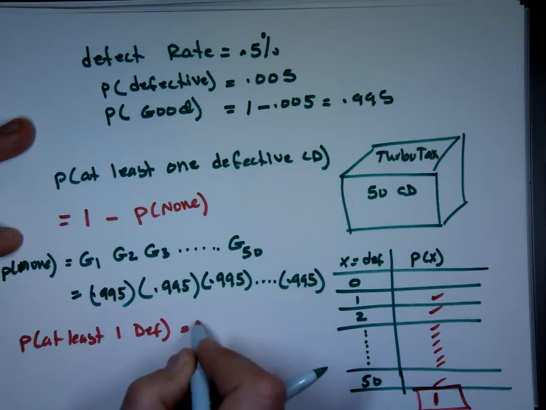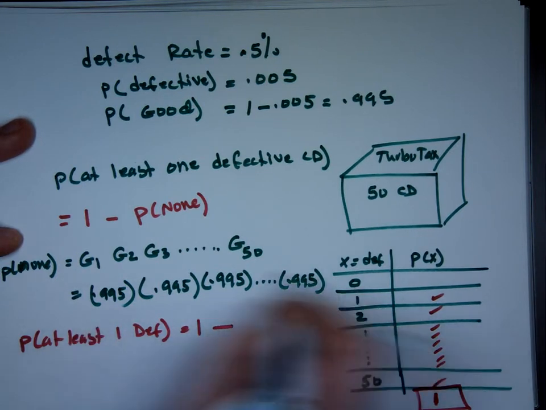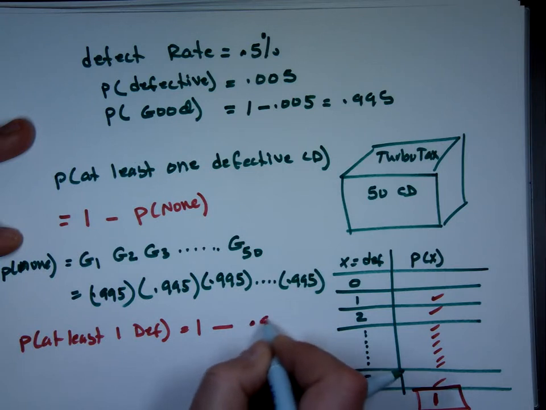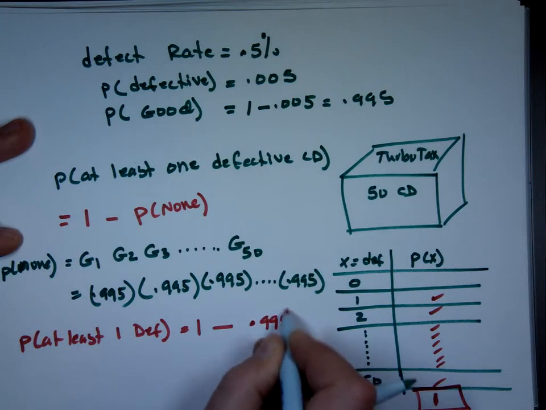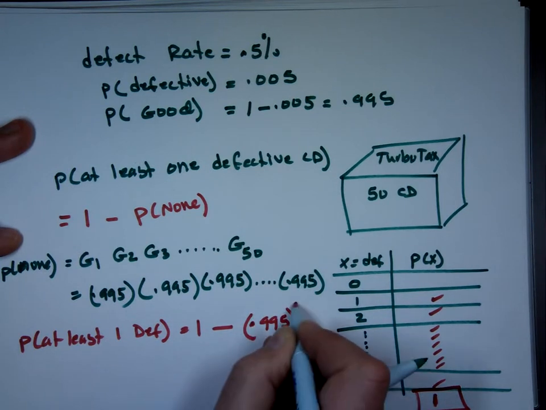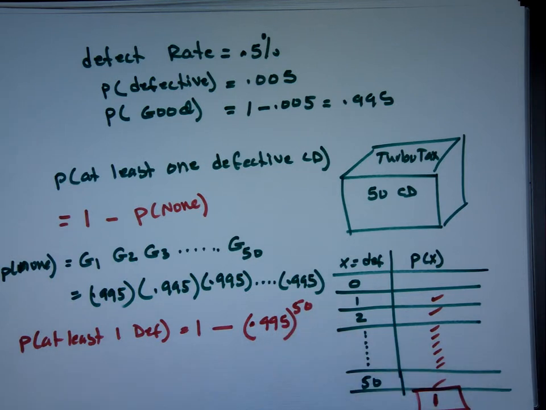is going to be 1 minus the answer to this. Well, what's the answer to that? 0.995 to what power? 50. One minus 0.995 to the power of 50.